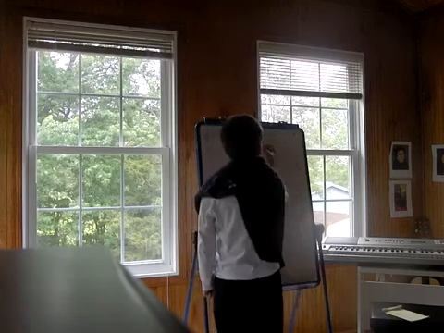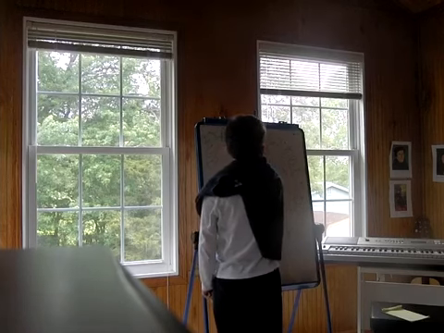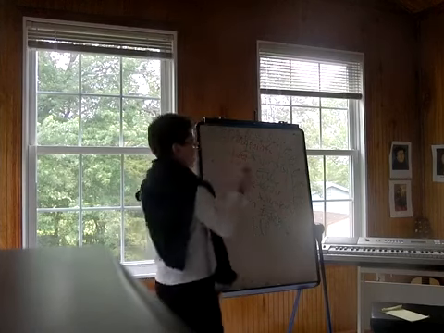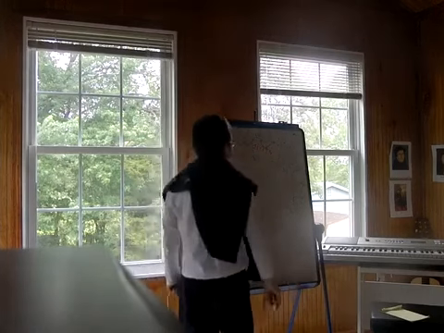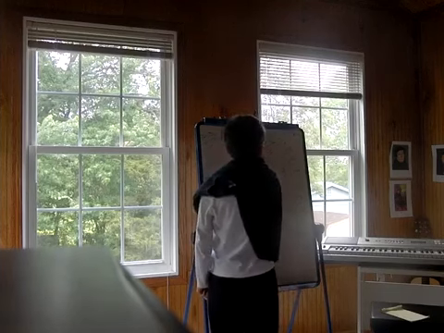Well, what we need to do is we need to draw a circle going down like that. Then what we need to do is we need to fill this circle.